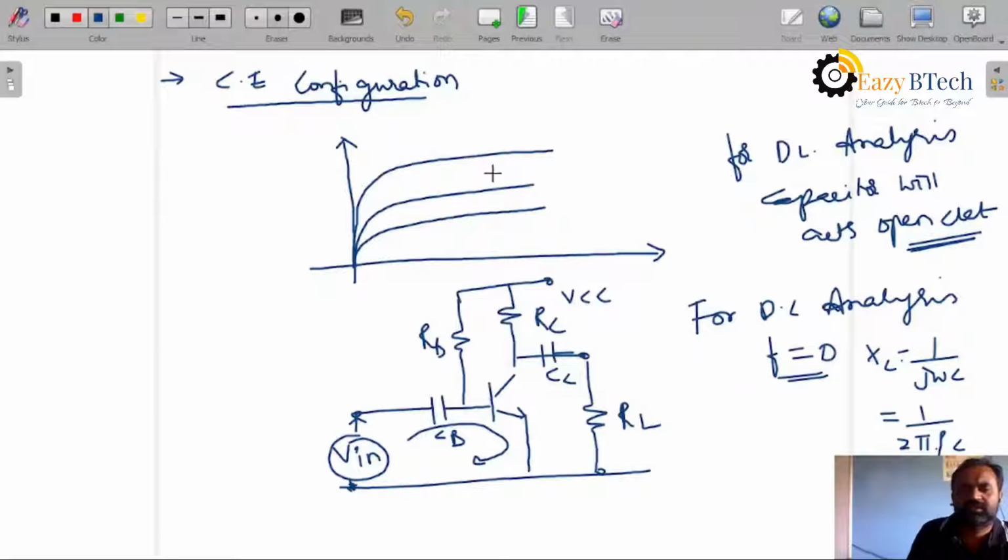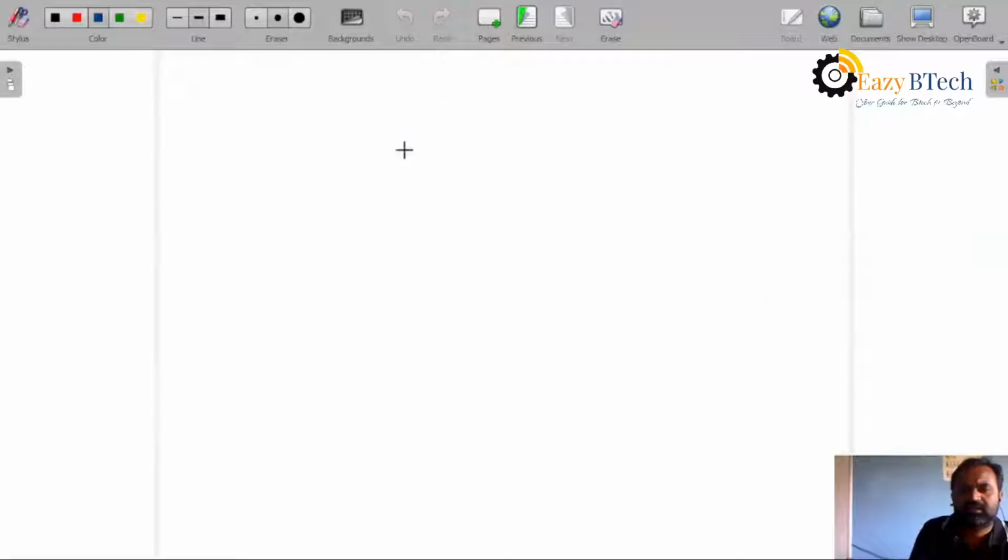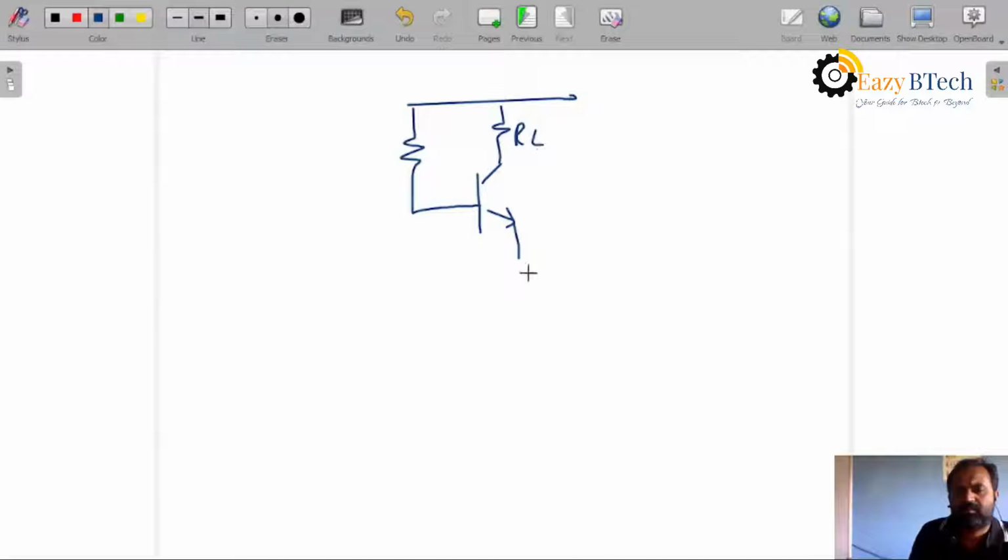Now we will write the expressions. We write KVL across the output side: VCC is equal to ICRC plus VCE.